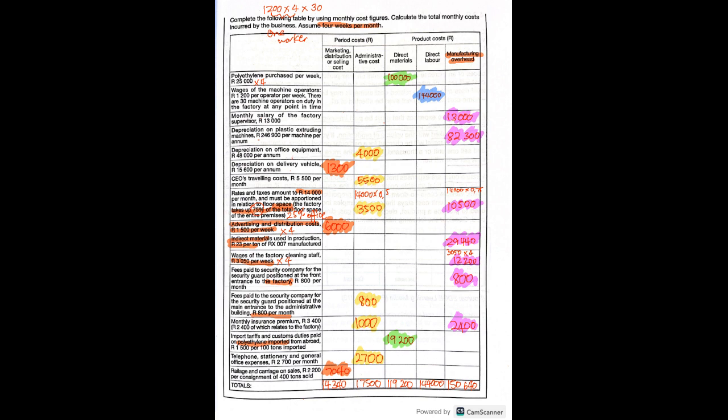Hi, ma'am. I wanted to ask a question about where you got the 320 value from. I was just curious about that. It's when you were busy with the import tariffs for the imported product abroad, 1500 per 100 tons imported, and you said 1500 over 100, and then that equals 15.